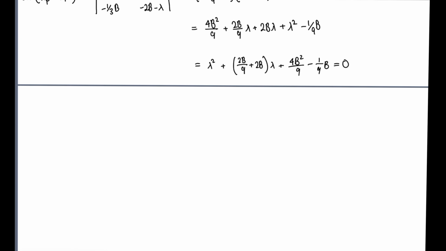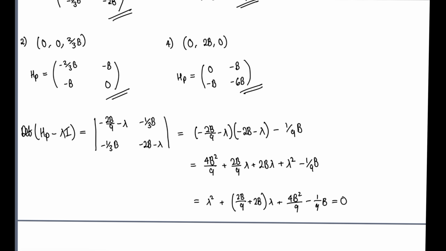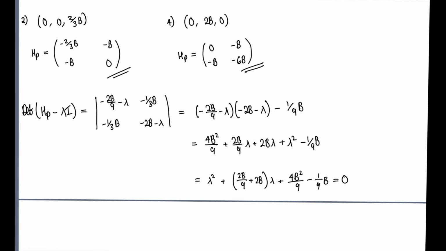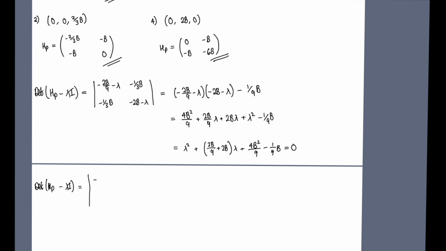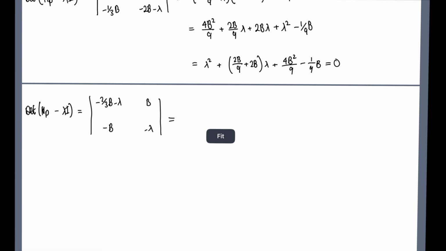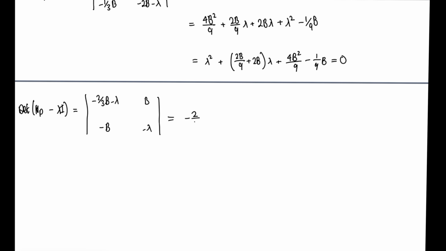Cool. If we do this for this matrix over here, we need to find the determinant of this matrix, which will be minus 2 over 3b minus lambda multiplied by negative lambda, minus b multiplied by b.